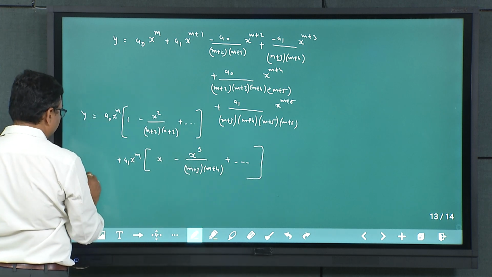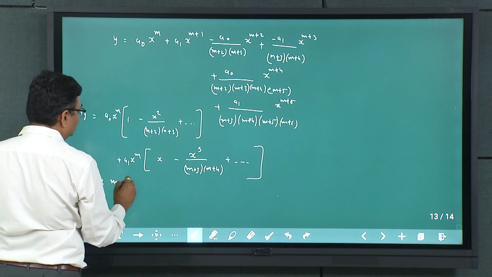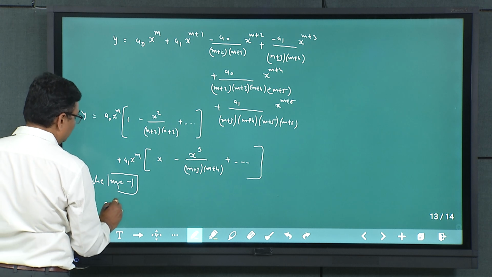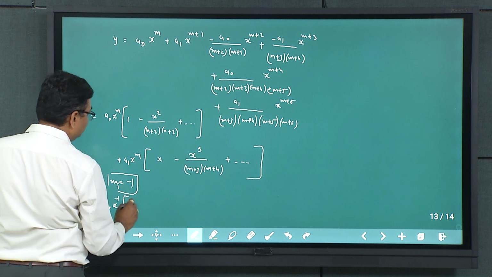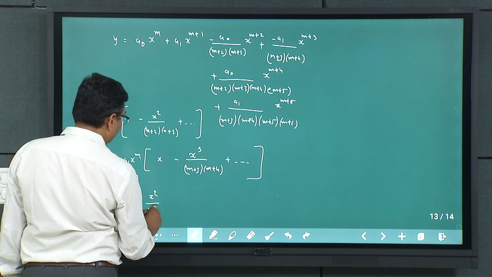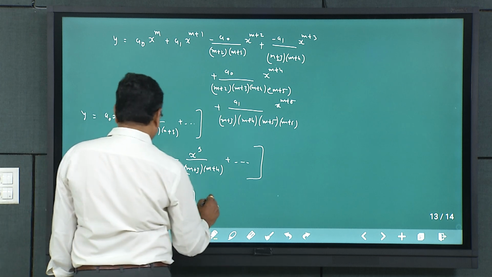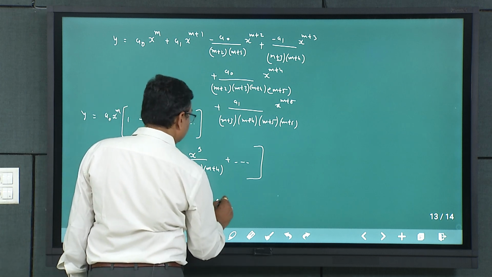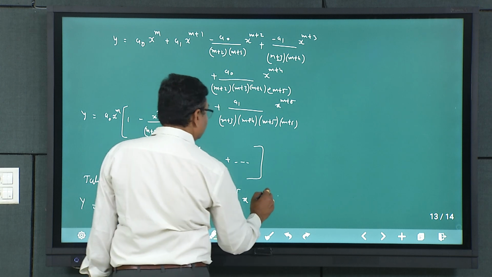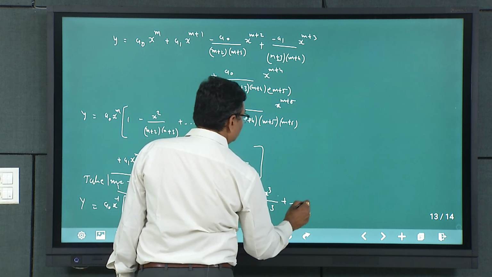Now take m is equal to m1 is equal to minus 1, right? So my y is equal to A0 x raised to the power minus 1 into 1 minus x square upon 1 into 2, right, plus so on, plus A1 x raised to the power minus 1 into x minus x cube upon 2 into 3 and so on.